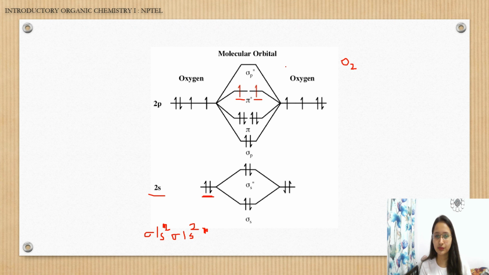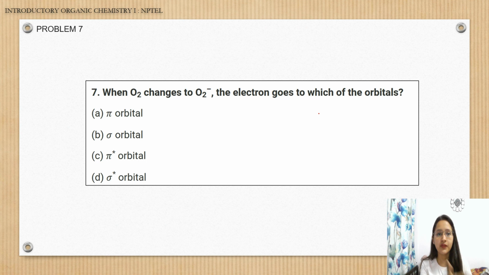So now tell me, which is the orbital in which the electron will add up? Yeah, pi star. Because here pi star is singly occupied, right? It doesn't have two electrons, it is not fully occupied, it is partially occupied. So any electron which is adding will come into this pi star orbital, and then after filling this pi star, the sigma star will fill, right?